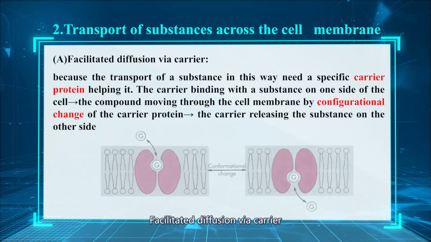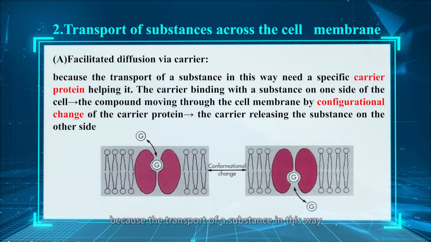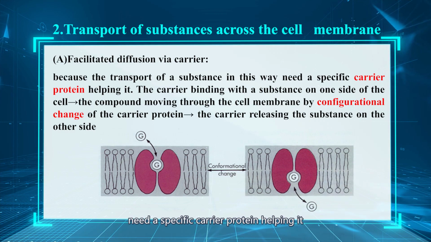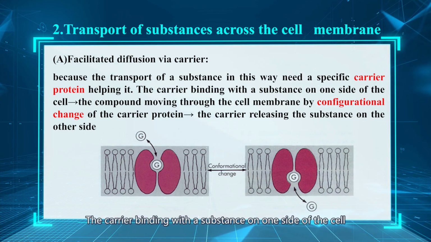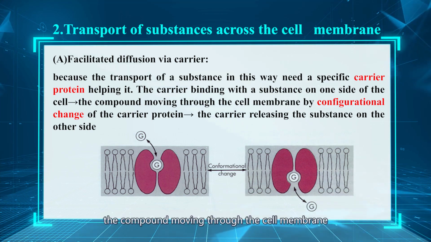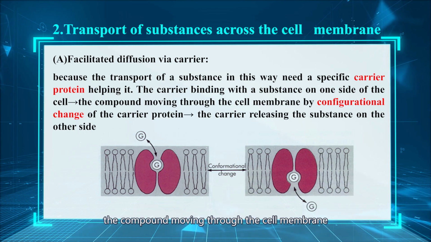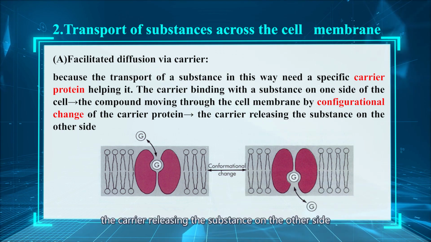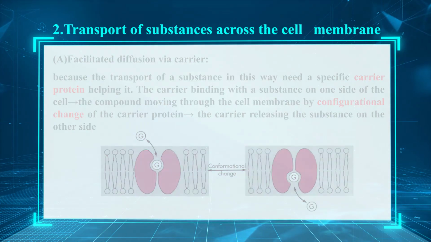Facilitated diffusion via carrier: the transport of substances in this way needs a specific carrier protein to help. The carrier binds the substance on one side of the cell, the compound moves through the cell membrane by a configurational change of the carrier protein, and the carrier releases the substance on the other side.